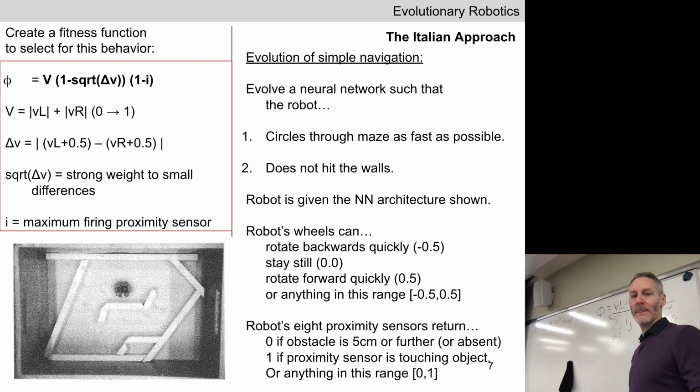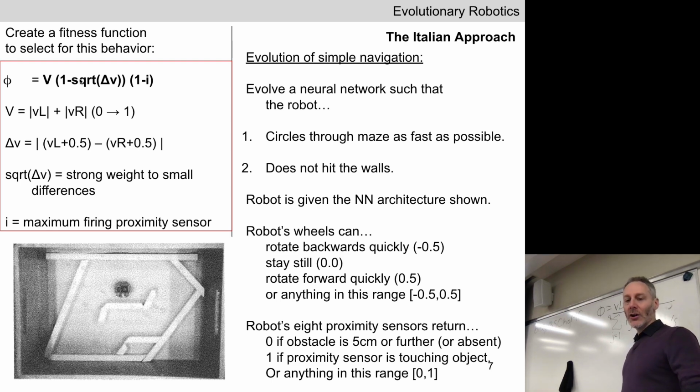and VR. If we go back to this term, forget the square root for a moment, they're taking 1 minus delta V. What maximizes 1 minus delta V? When VL and VR are the same. Again, apologies, lots of double negatives here, right?